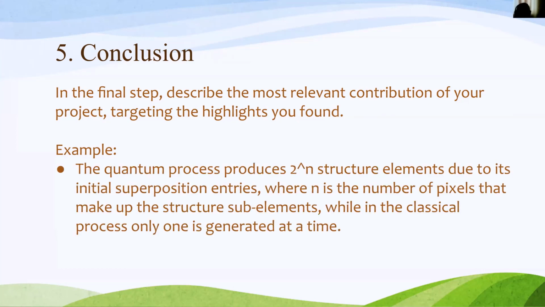In this example, a quantum processor is compared, the classical field with the quantum field. So the conclusion is that with the superposition in the qubits, we can obtain different structuring elements or sub-elements. In the classical part, we only compare with one element, but in the quantum way, we can compare the elements in 2 to the n, the same process with the same size with different values.